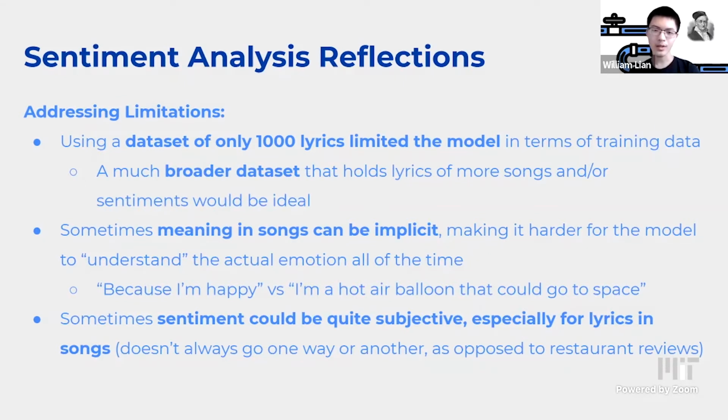For example, "I'm happy" versus "I'm a hot air balloon that could go to space." They're both positive, but it's not always obvious to the model. And lastly, sentiment can be quite subjective, and it doesn't always go one way or another, as opposed to something like restaurant reviews online.